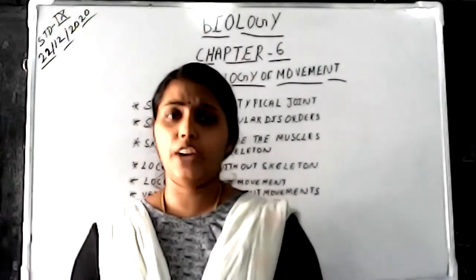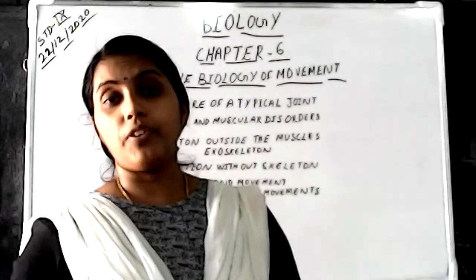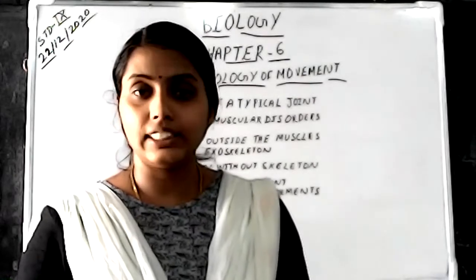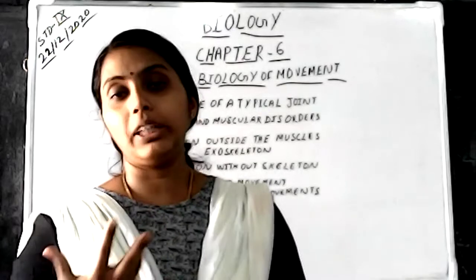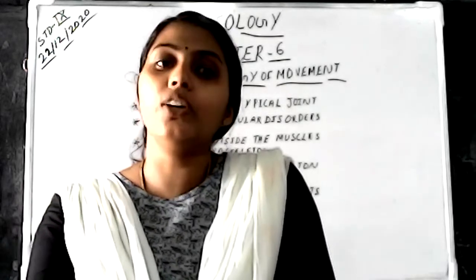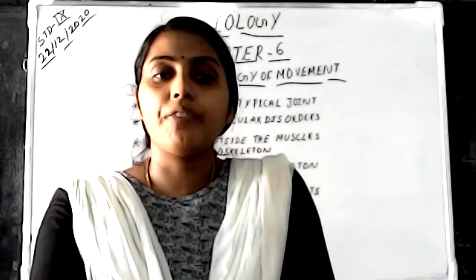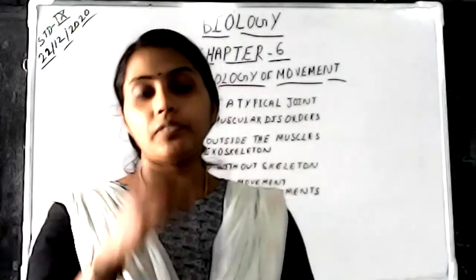What are the diseases happening to the skeletal system, or if any disorder happens to our skeletal and muscular system, we can see that as skeletal and muscular disorders or diseases. So, diseases affecting our skeletal system.